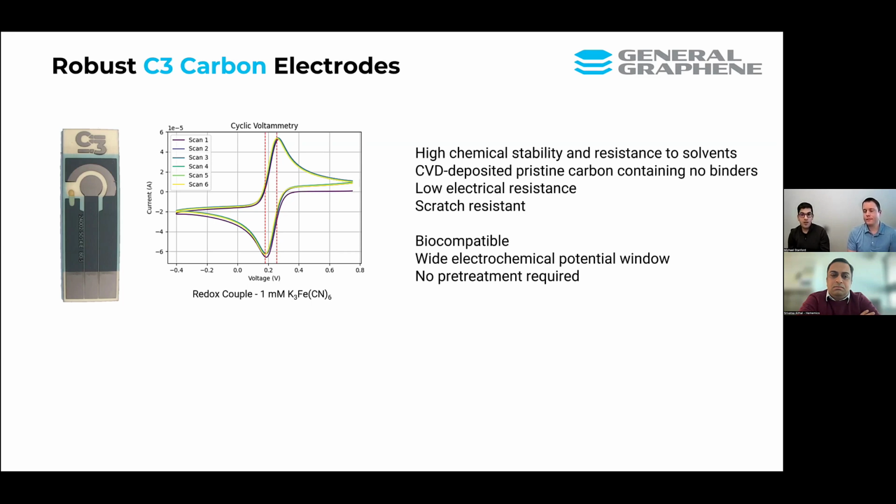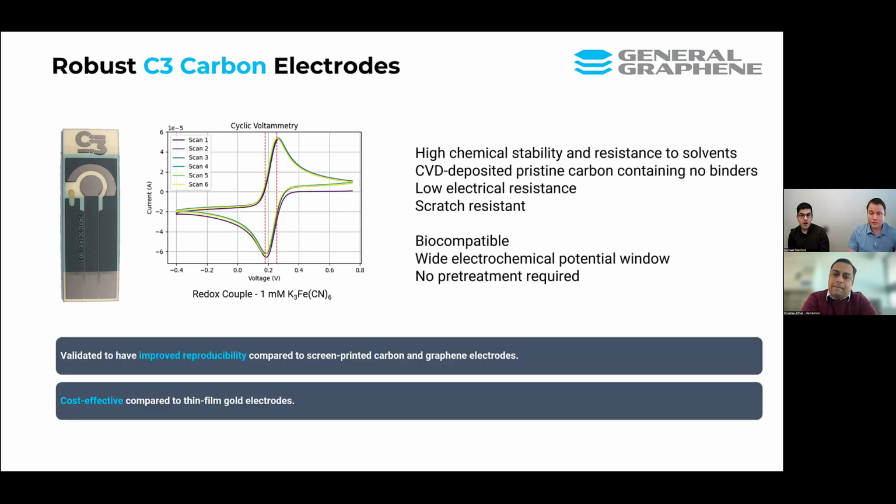The resistance of the interface is fairly low, owing to the CVD nature of the deposition, and it's also scratch resistant and biocompatible, which opens up long-term durable applications in medical devices. The device does not require any pre-treatment before being used, and operates with a very wide electrochemical potential window.